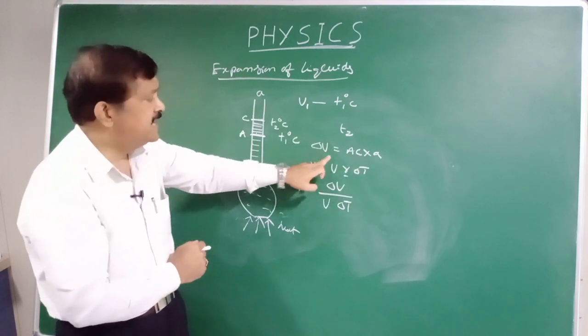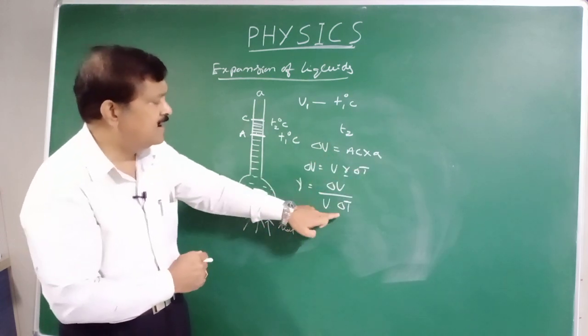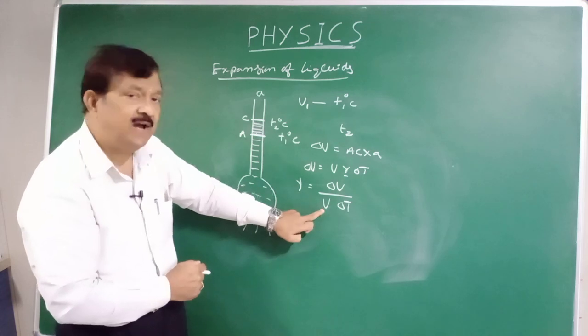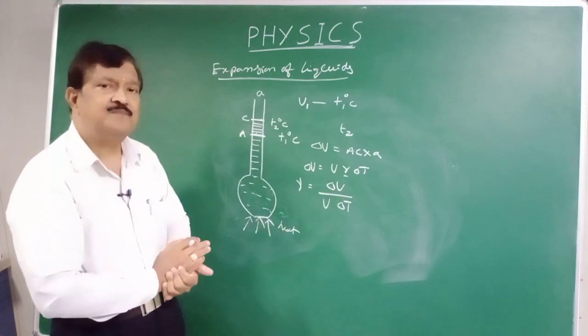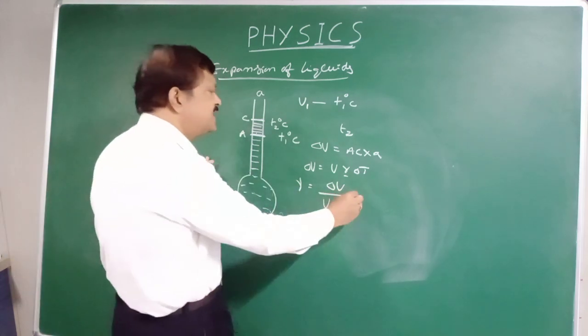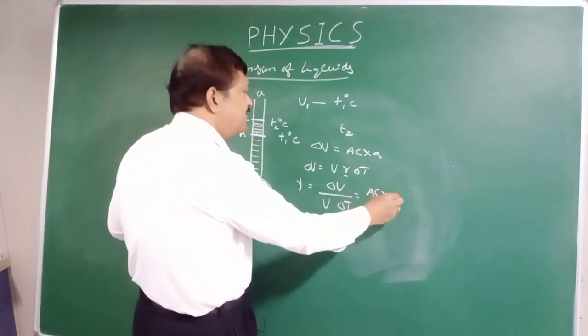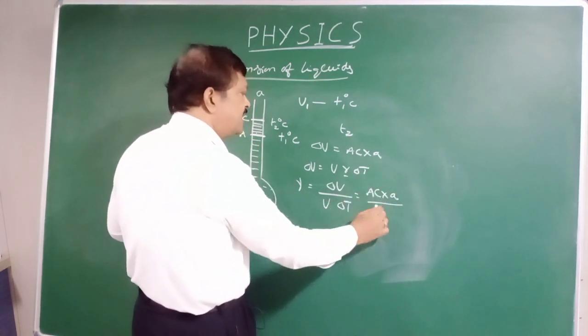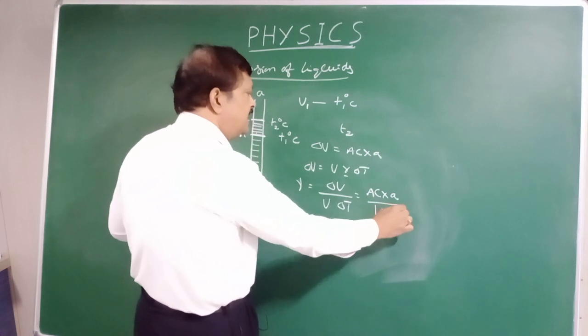From that change in the volume, we are defining gamma like this, where V is the initial volume and delta V is the change in the volume. Now in this equation, delta V is AC multiplied by the area of cross section, and V is the initial volume into delta T.